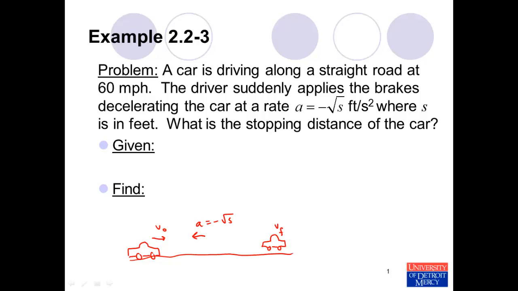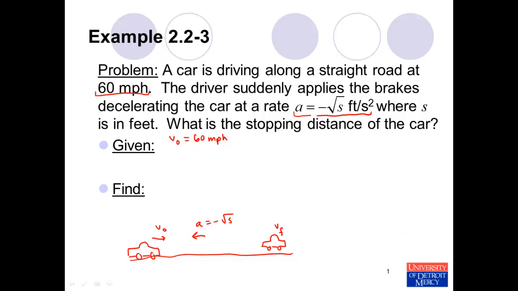Okay. So once we understand the problem, we then try to identify what's given and what we're trying to find. Looking at this, we're told that the car is initially driving along the road at 60 miles per hour. So that is our initial velocity. The driver suddenly applies the brakes and it decelerates at this rate.